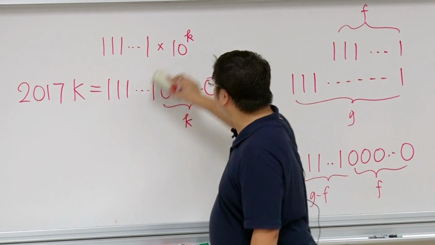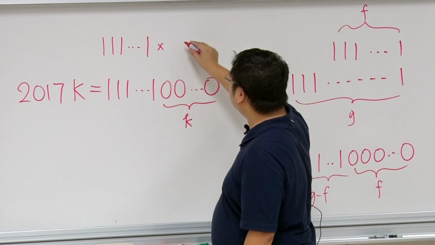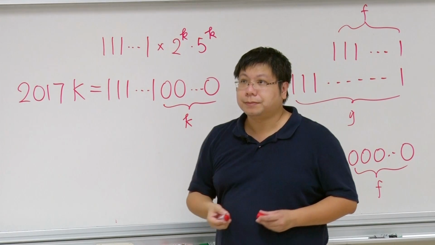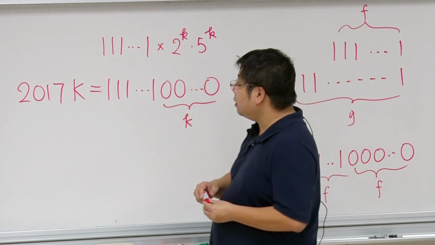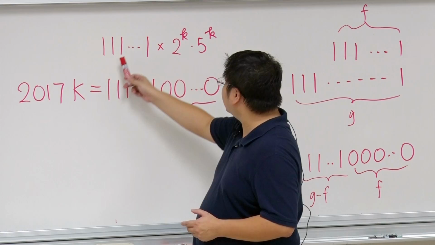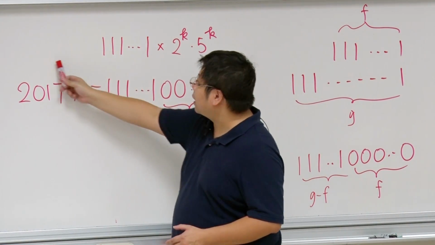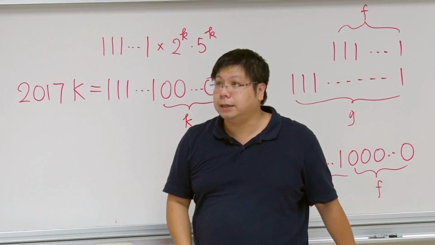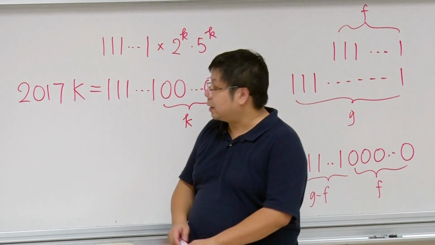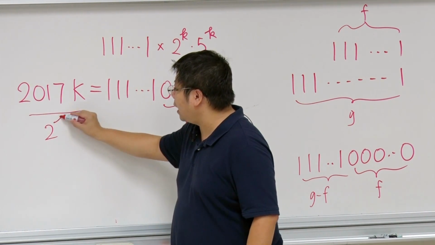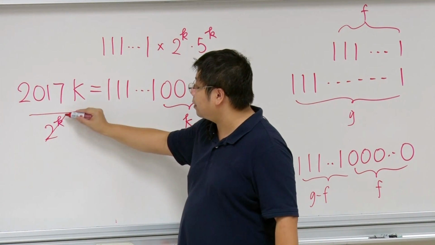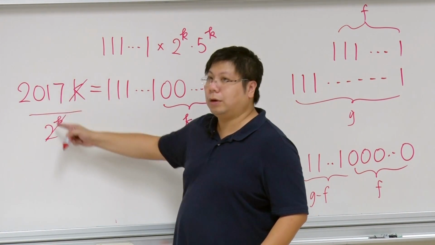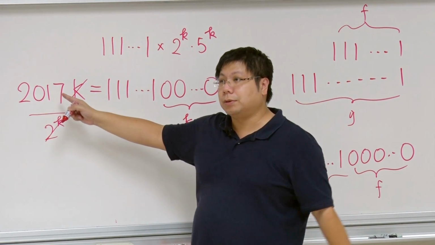And then 10 to the power k, you can write it down as 2 to the power k times 5 to the power k. Is that okay? And then if 2017 times big K is equal to this, that means we can divide it by 2 to the power k, and this part is still an integer. But then 2 to the power k must be absorbed inside this big K part, because you have no common factor between 2 and 2017.